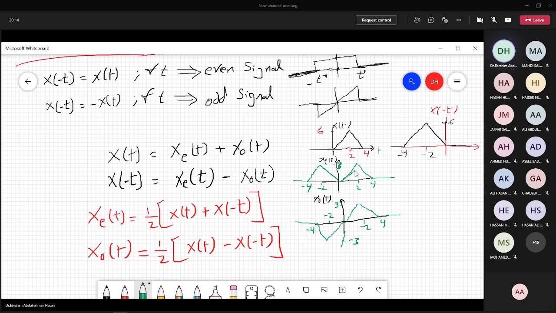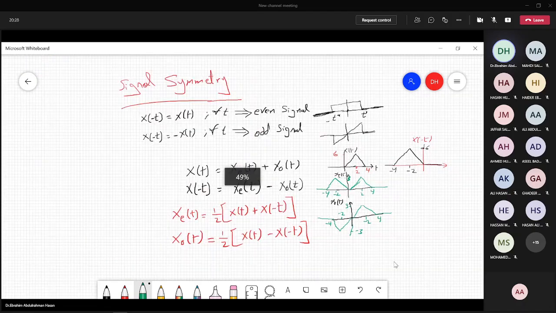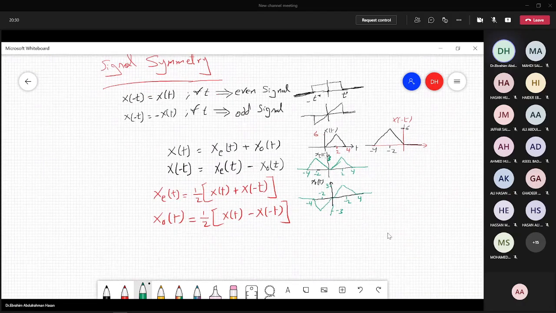This one I have triangle plus triangle, so I will get a triangle, but the height here is 3, here 3, then the addition of these two gives a triangle with height equal to 6. Is that clear? Any questions so far?